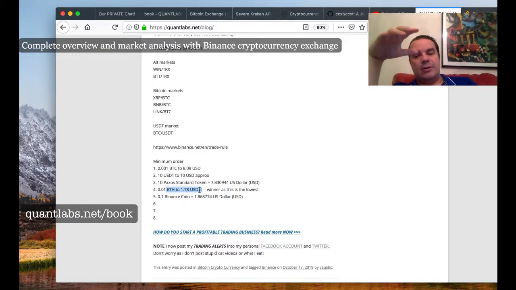A year ago, before I was doing all this, there was really only BNB, Binance Coin, where the volumes were way low, so that was useless. There was Bitcoin and Ethereum. Ethereum had enough volume, plus the cost per trade, minimum wise, was very low, same as we see here. And then you had Tether, which wasn't as popular as it is now, and it was way too expensive, more expensive than Bitcoin.